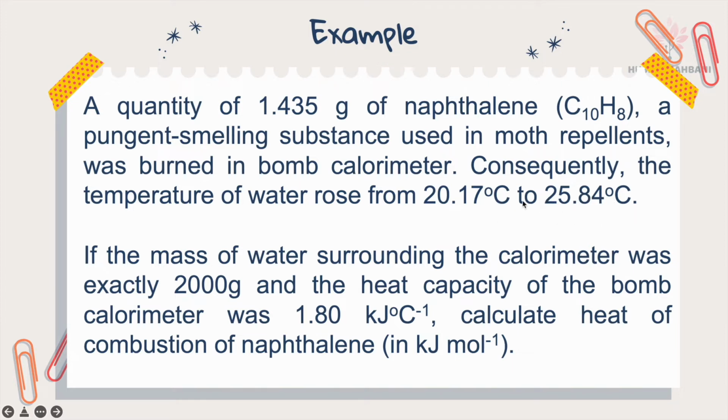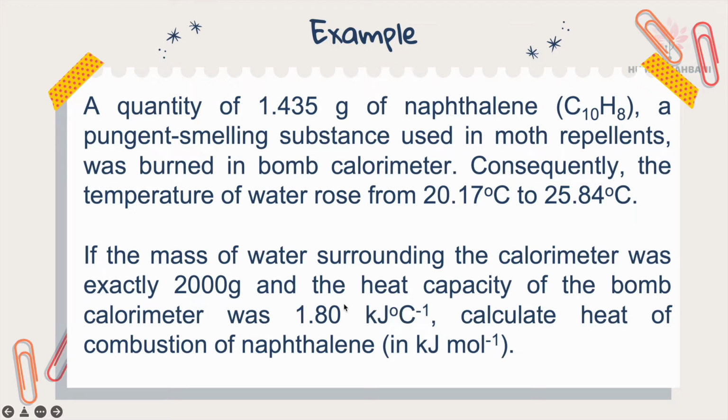So here you can calculate the temperature change. Here's the mass of the naphthalene. The mass of water surrounding the calorimeter was exactly 2000 gram, so the mass of water is given, and the heat capacity of the bomb calorimeter was 1.8 kilojoule per degree Celsius.